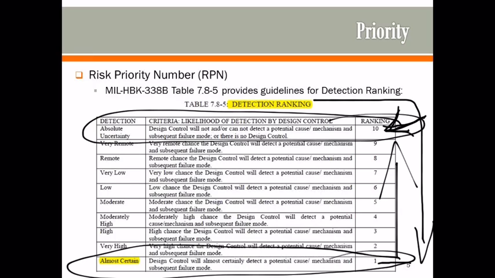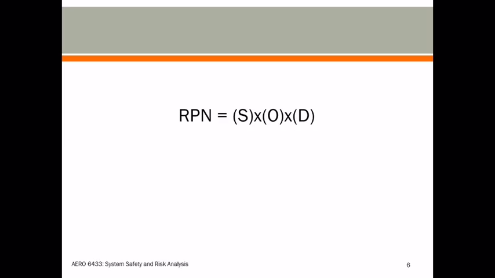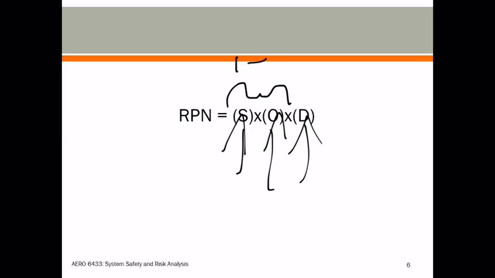The risk priority number then is the product of the severity ranking, the occurrence ranking, and the detection ranking. In severity and occurrence, you have a priority number of 1 to 10. 10 is high, 1 is low.